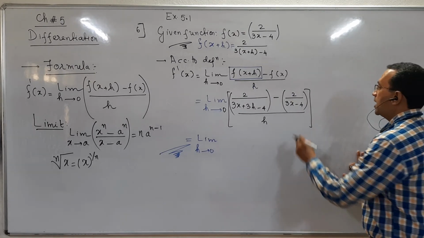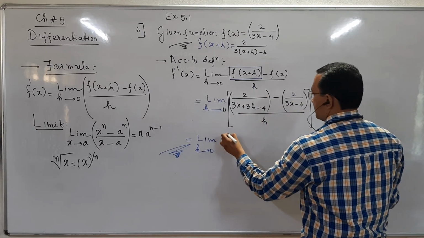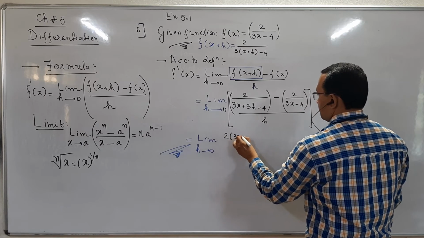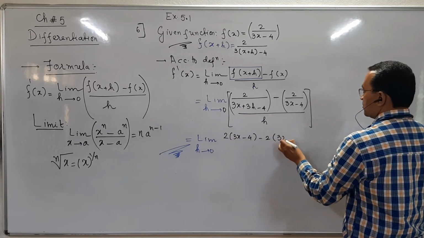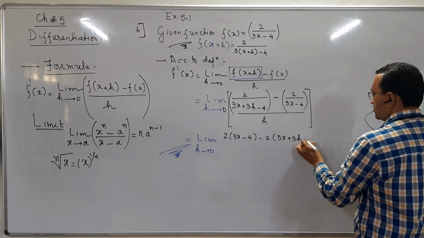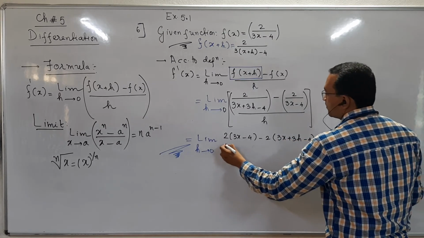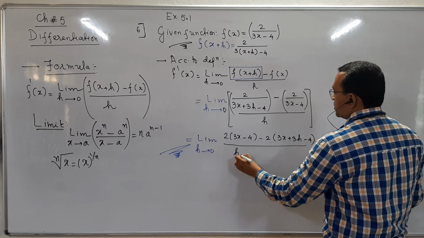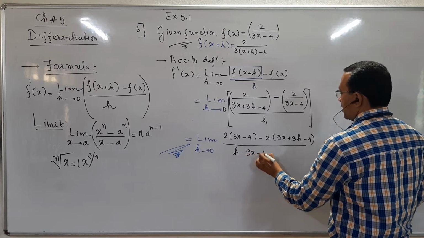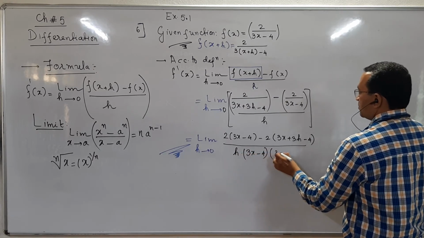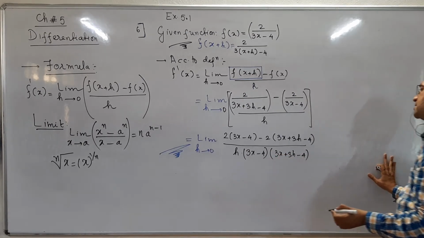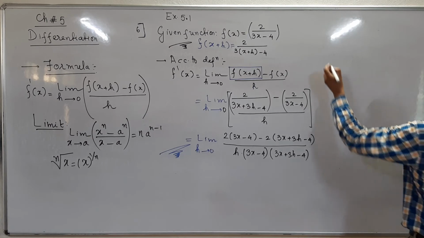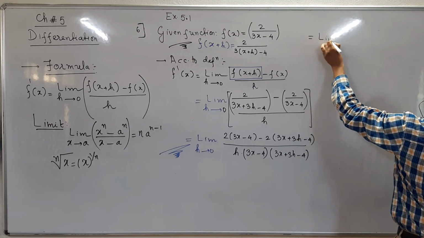Cross multiply: 2 into this, again minus 2 into this, upon h into 3x minus 4 into 3x plus 3h minus 4. This step is decisive. Open up the brackets.